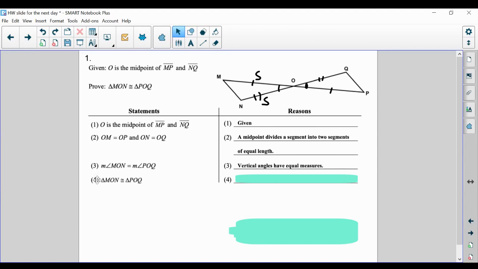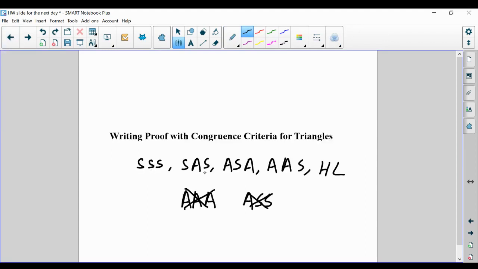Last, we get to the proof. And many people over here just write proof, which is wrong. You cannot write proof here. I know it's a given and then proof, but that is wrong. You need to see what evidence you have collected and what triangle congruency criterion you use. So we're going to label this one A, the angle. Which triangle congruency criterion? Side-side-side, side-angle-side, angle-side-angle, angle-angle-side, and HL.